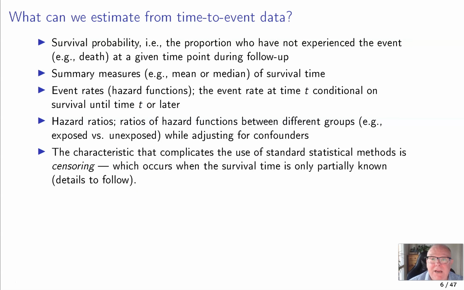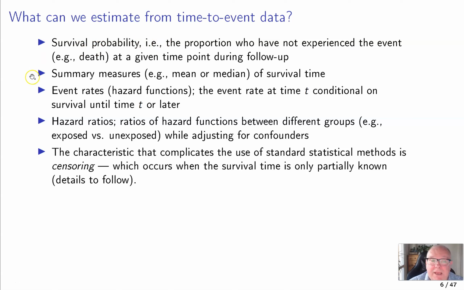Now, what can we estimate from time-to-event data? Well, we can estimate the proportion who survive, or the survival probability: the proportion who have not experienced the event at a given point of time during follow-up. Now, this is a function of time.